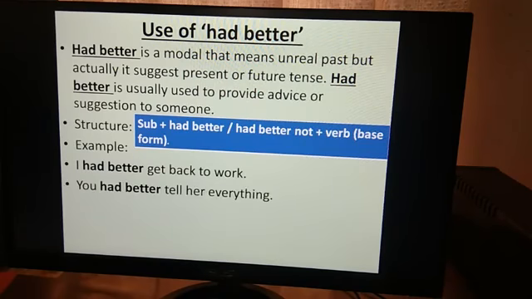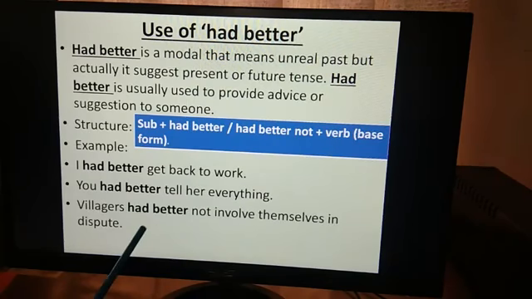Next. You had better tell her everything. You is the subject, had better, tell is the verb in base form, and the rest is extension. Okay.